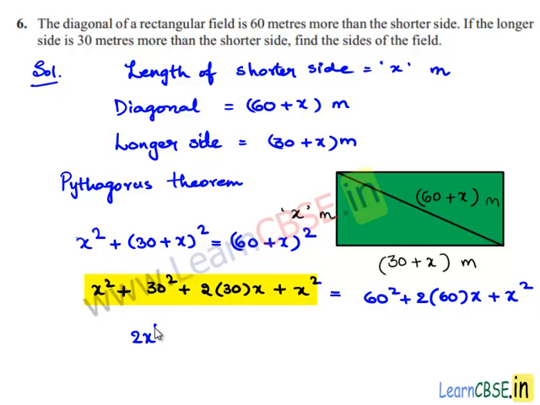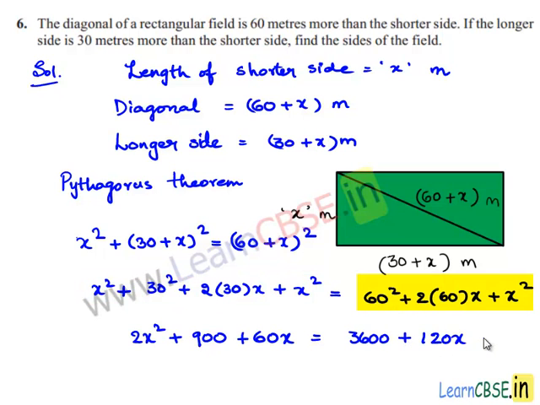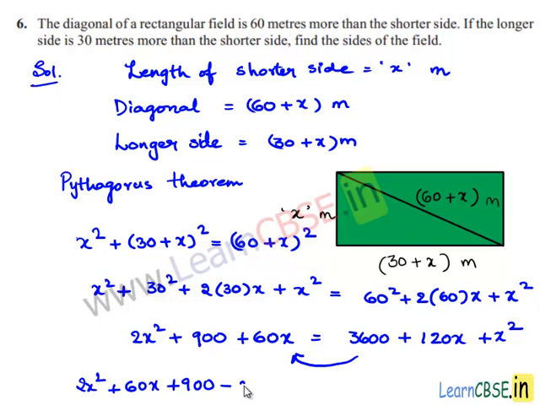So 2x square plus 900 plus 60x is equal to 3600 plus 120x plus x square. So transposing right hand side terms to left hand side, we get 2x square plus 60x plus 900 minus x square minus 120x minus 3600 is equal to 0.